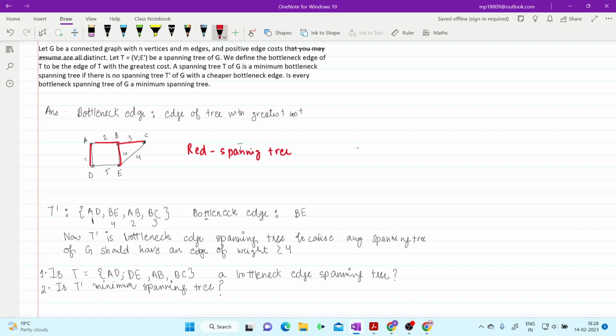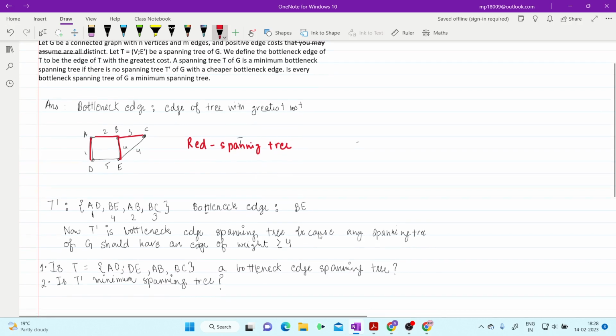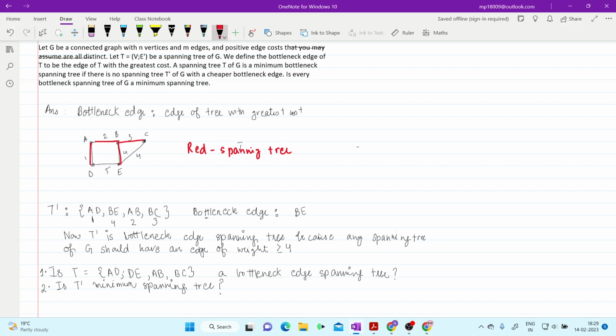Now, the bottleneck edge: we have these four edges. Bottleneck edge is the edge with the highest weight in this tree. So we see that BE is the bottleneck edge for this tree. This is what a bottleneck edge is, and we call this spanning tree a bottleneck spanning tree if we cannot find another spanning tree whose bottleneck edge has a lower weight.